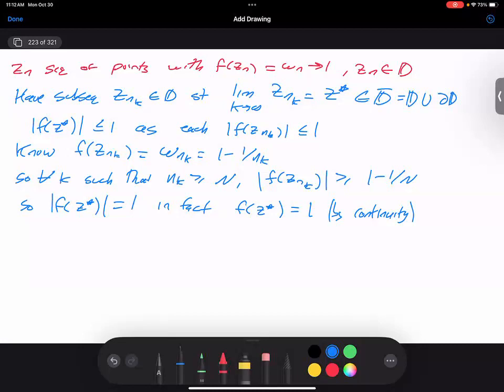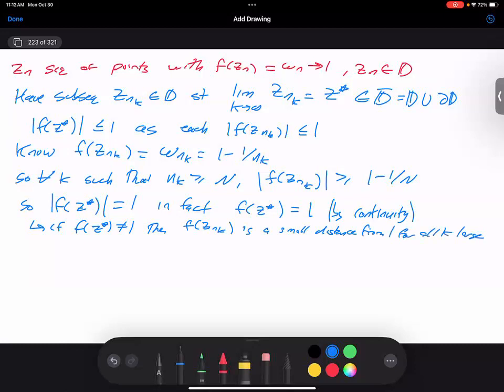It's just that if f of z star does not equal 1, then f of z_{n_k} is a small distance from 1 for all k large, and that's a contradiction, because it's got to be convergent. So we know f of z star equals 1.